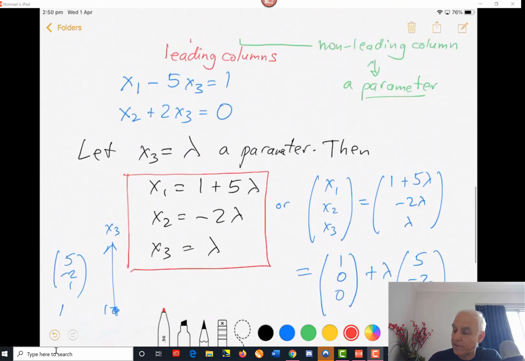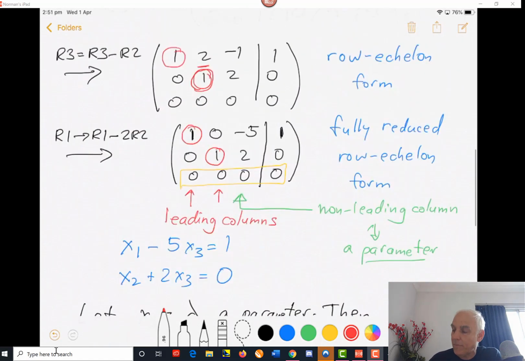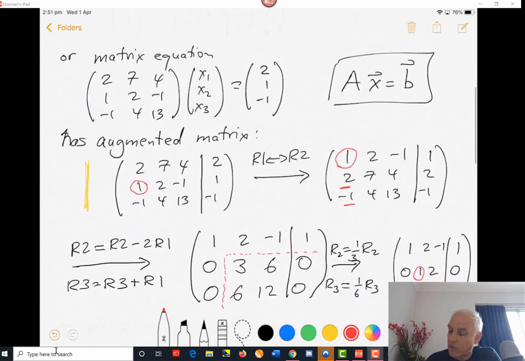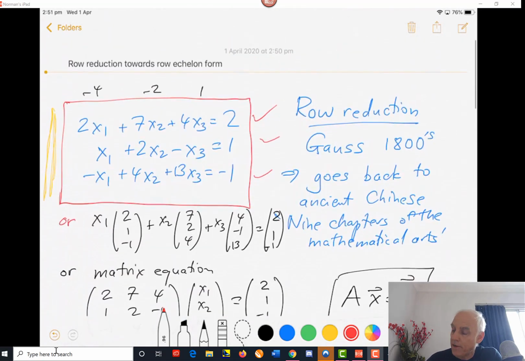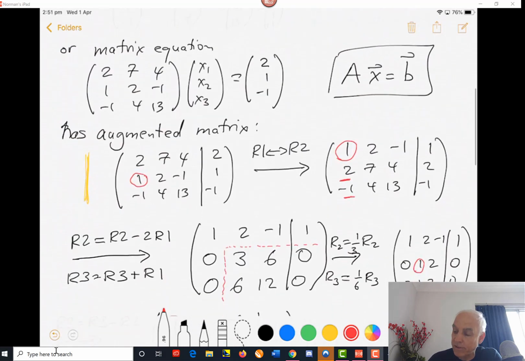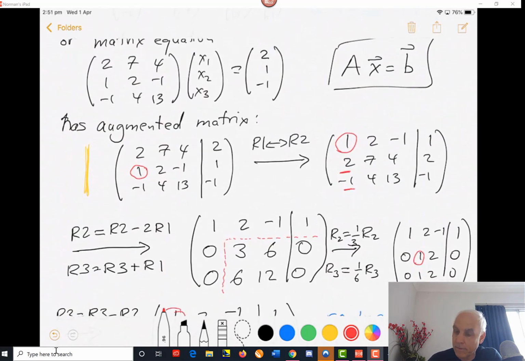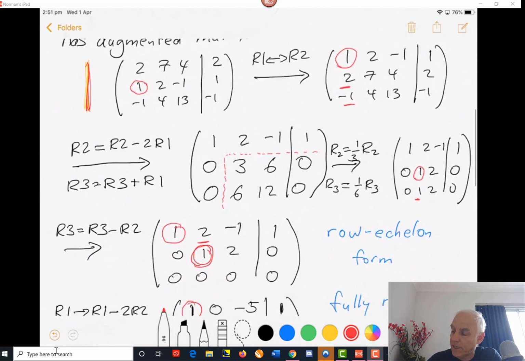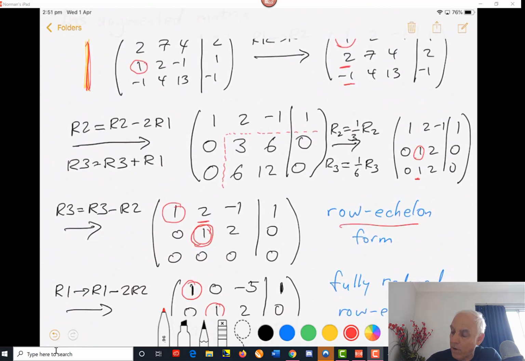So this illustrates really the entire story, in some sense, of taking an original system that we started with, writing down the augmented matrix for it, right here, and then row reducing it, first of all to get to this row echelon form, which is the situation where the leading entries of the rows are ones. That is, the leftmost entry in every row which is non-zero is actually 1, and everything below those leading entries is 0.